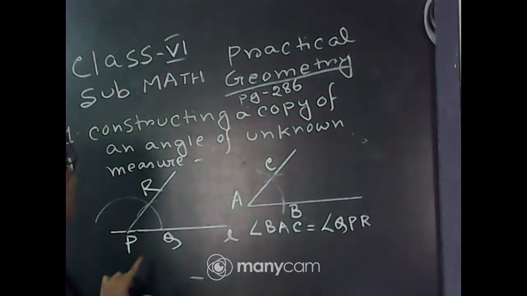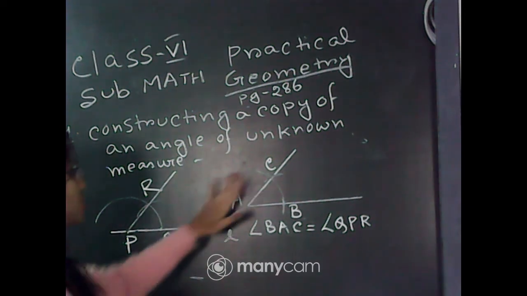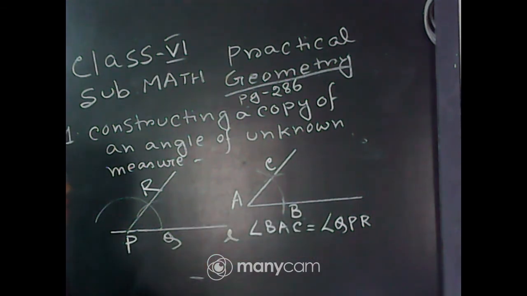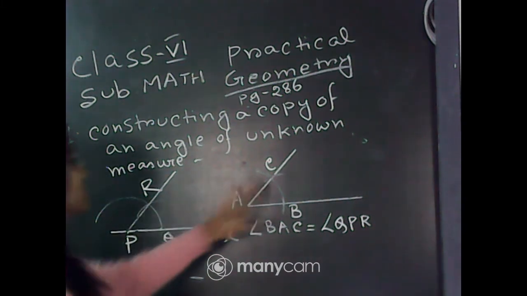Again I repeat the process. Here we construct a copy of an angle of unknown measure. For this we first draw an arbitrary angle A, whose measure is not known. Now we want to copy this angle.